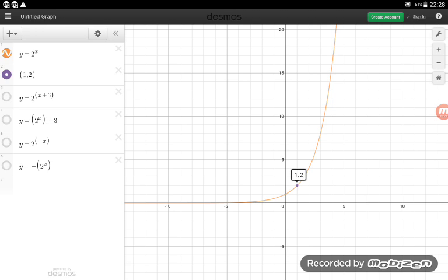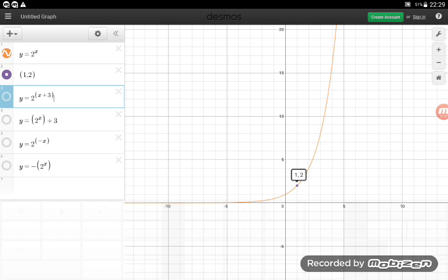As we already learned about transformations in chapter 1, this will be more like a review, and we're just gonna apply the same knowledge. So feel free to take out your notes on transformations. We're gonna apply the same knowledge to exponential curves. So let's look at this.